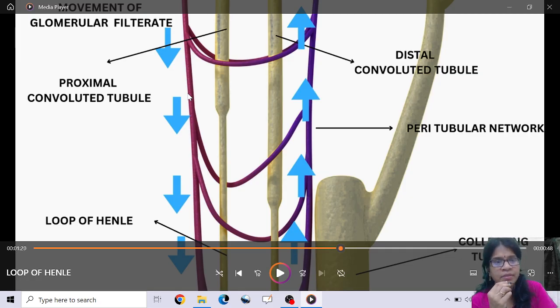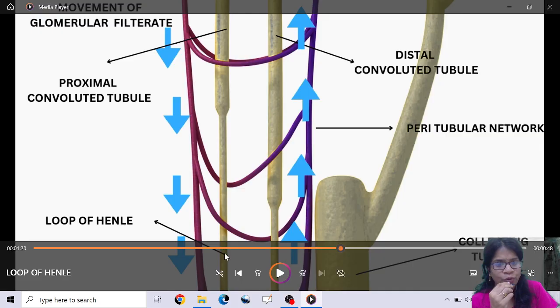And so in the proximal convoluted tubule, the hypotonic fluid becomes isotonic. Isotonic is very normal: not much concentrated, and at the same time not much diluted. Now when the renal fluid passes from the proximal tubule into the loop of Henle, changes happen.